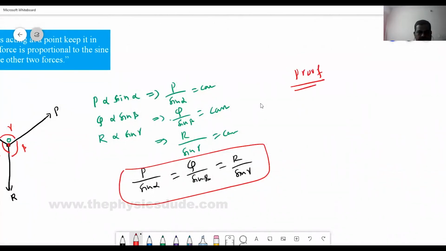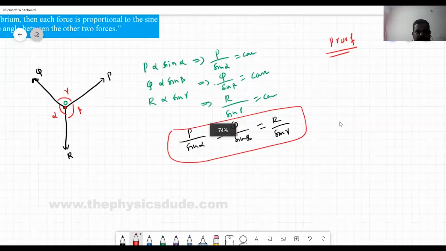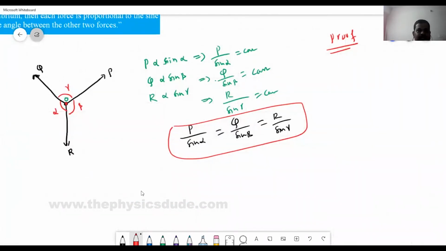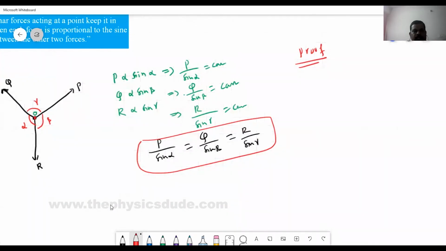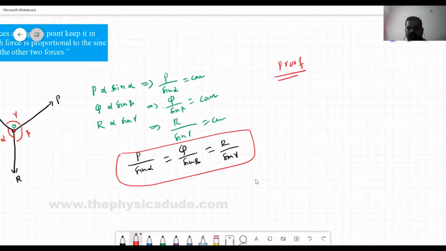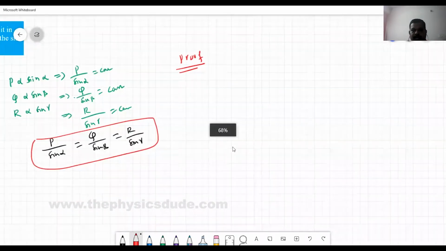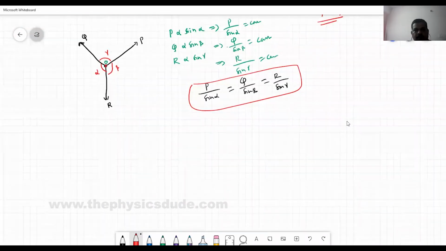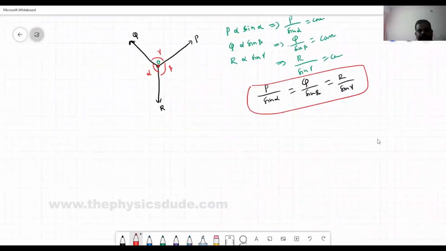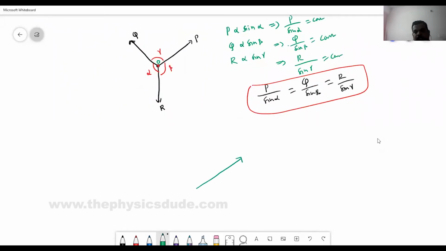We know that these three are the three sides of a triangle. So there are three vectors. I'm just going to construct a triangle now. Here I'll draw P bar as it is. This is P bar. Now this is the direction of Q bar. This is Q bar.